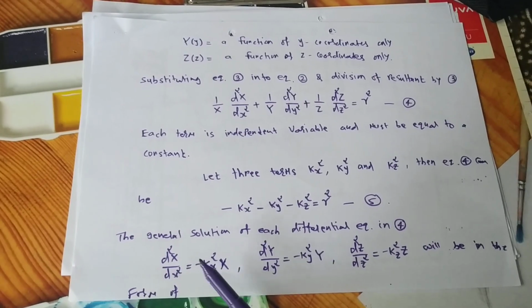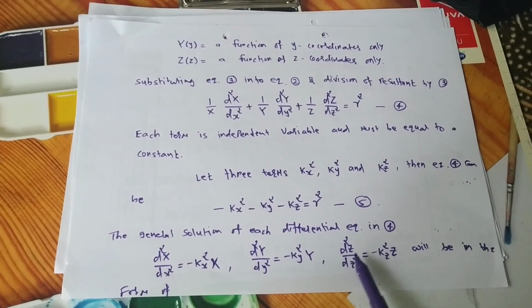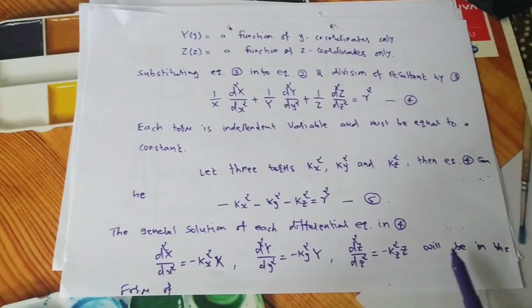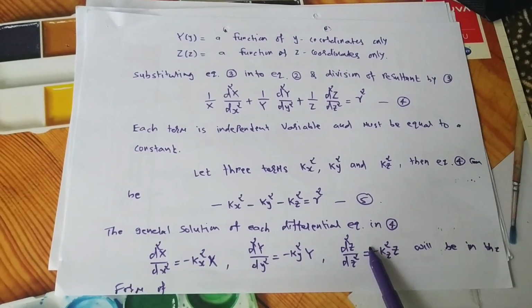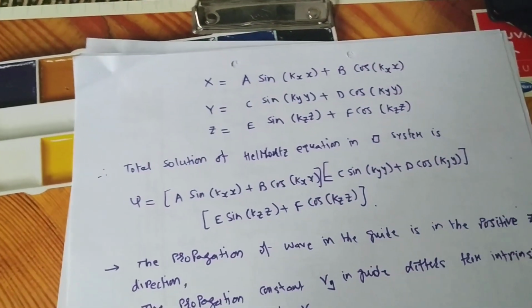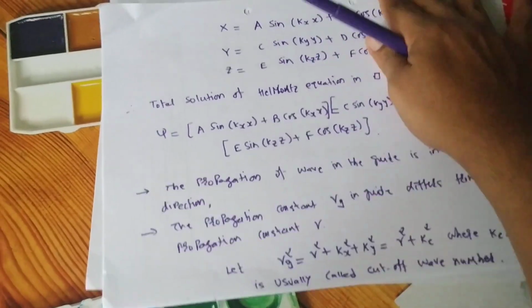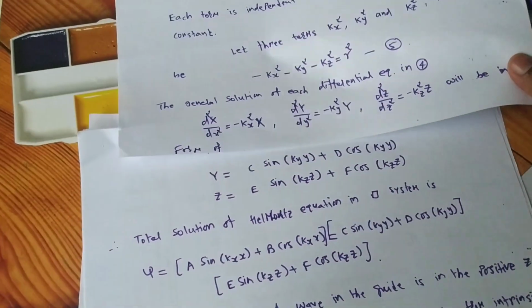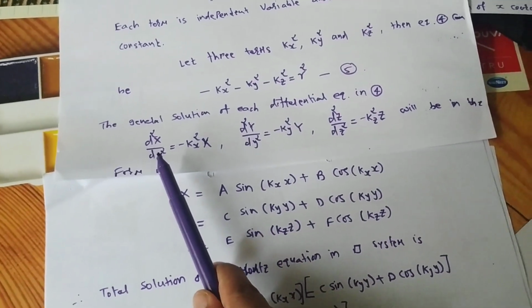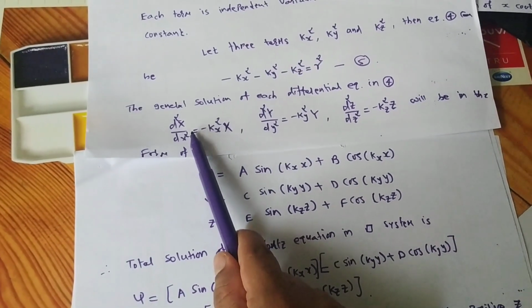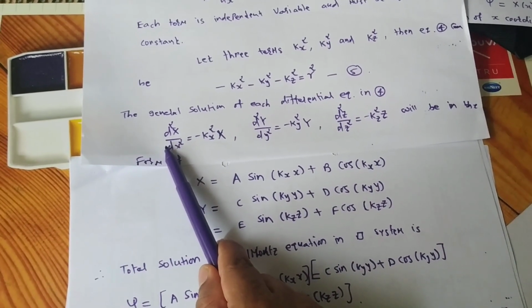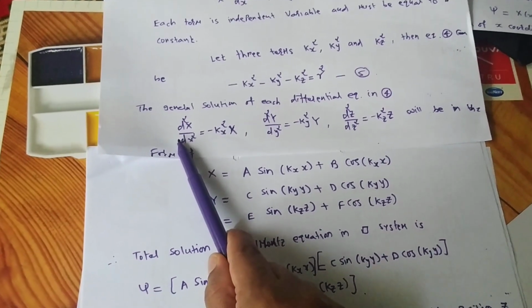So for all these three differential equations, if I find the solution, then the solution will be in the form of... because this expression is a double differential equation, then obviously for this kind of double differential equation we have a solution like this.